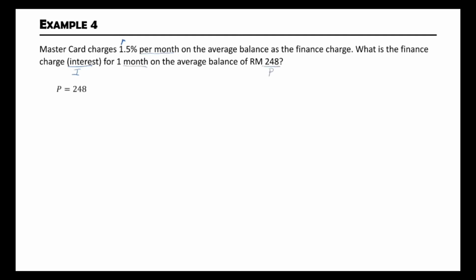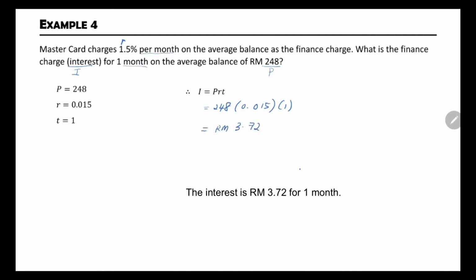So we have P equal to 248, R equal to 1.5 divided by 100, which is 0.015, and T equal to 1. Charge per month and interest for 1 month means the duration is the same. Interest is given by I equal to PRT, where P is 248, R is 0.015 and T equal to 1, equal to RM3.72.